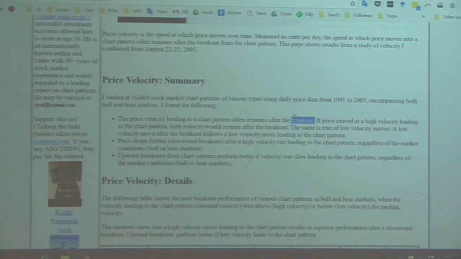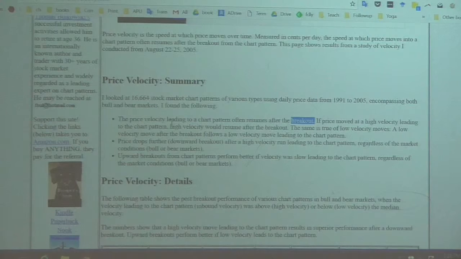So what is he saying? The price velocity leading to a chart pattern often resumes after the breakout. So maybe he's saying that it goes like this, and then it breaks out, and then it resumes at a certain rate. If price moved at a high velocity leading to the chart pattern, high velocity would resume after the breakout. I sort of understand what that's saying. Do you understand?